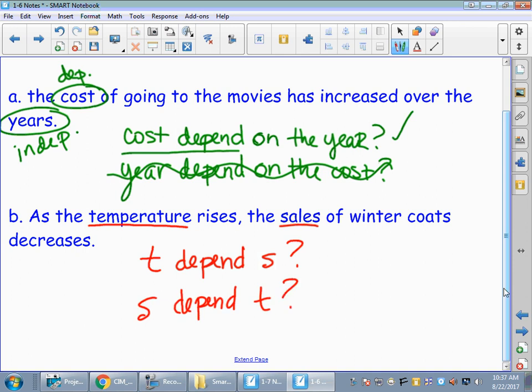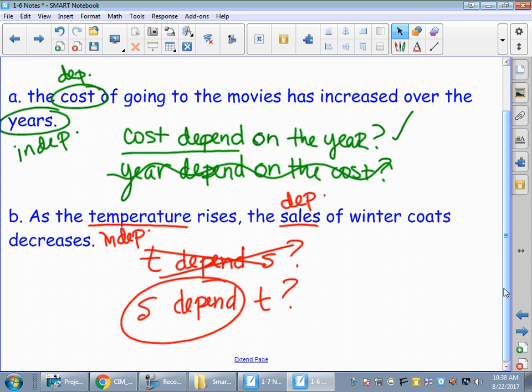Does the temperature outside depend on the sales of coats? That sounds a little ridiculous. The more sales we have of winter coats, is it going to get cooler and cooler out or hotter and hotter? No. But could the sales increase depending on if the temperature is rising or dropping? Absolutely. So sales depends. So the sales is the dependent variable. Temperature is the independent. That's what's driving the sales.